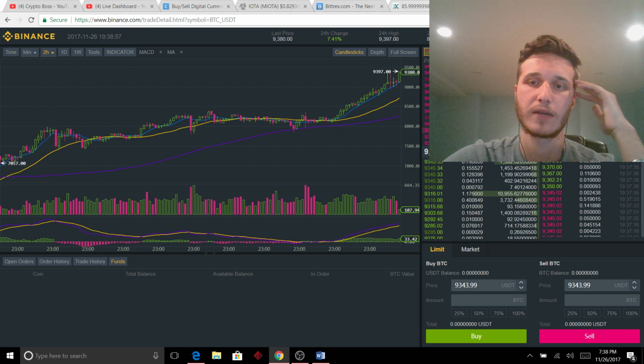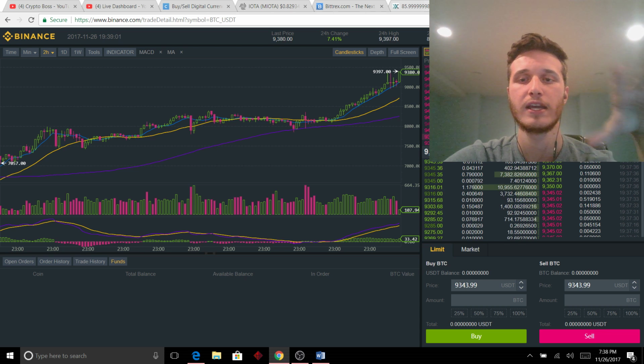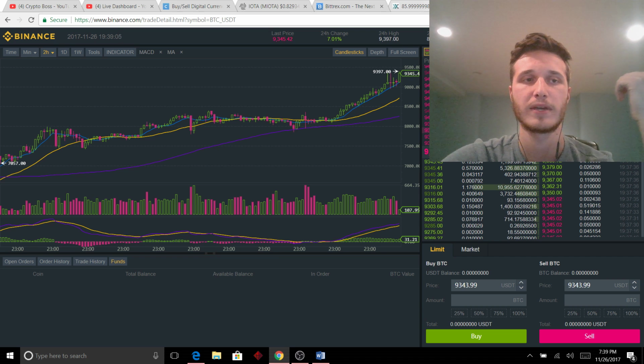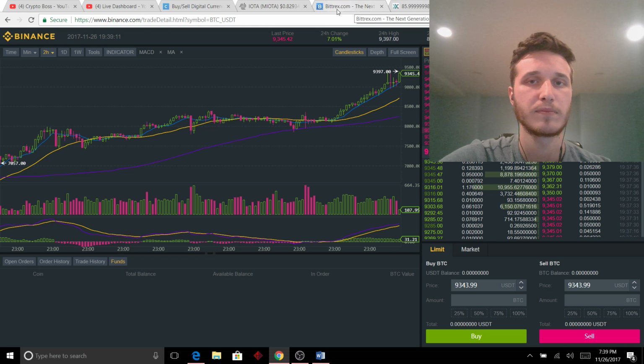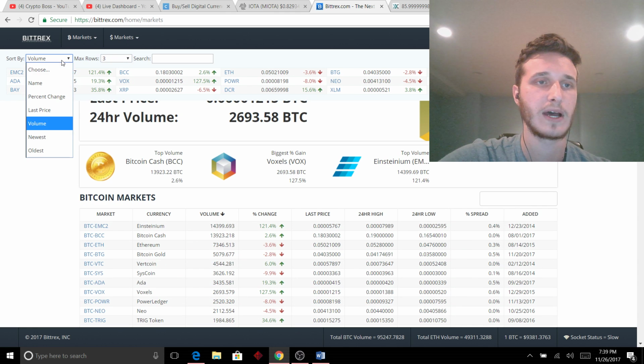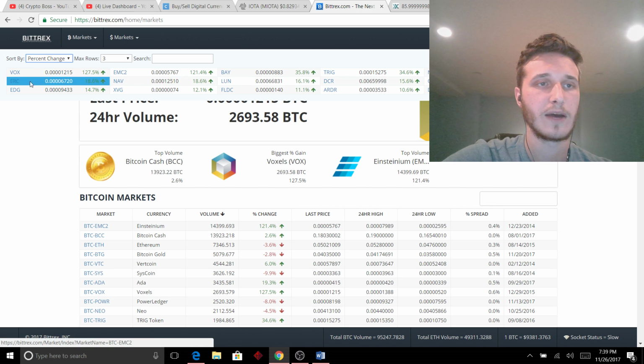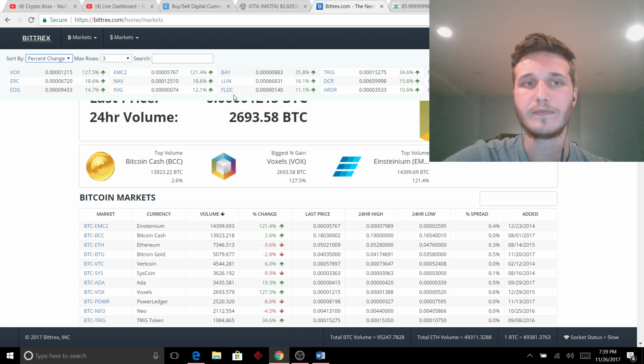So if you're making a price option for someone, it's 0.15%. And if you're the one taking a price that's already listed, you pay 0.25%. So Poloniex and Bittrex both average out to 0.2%. Bittrex is just 0.2% all of the time. I usually sort Bittrex by 3 rows, and I sort it by percentage change so I can see what's going up at any given time.